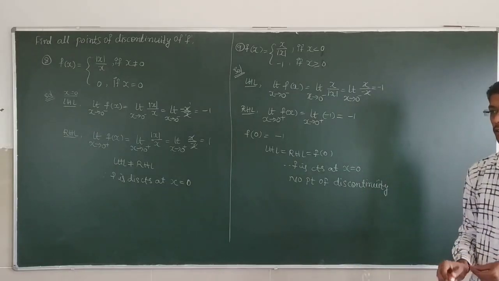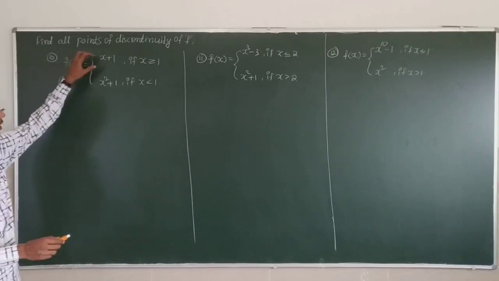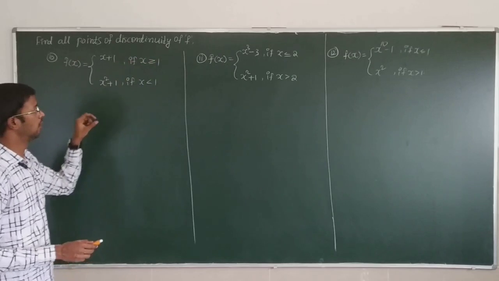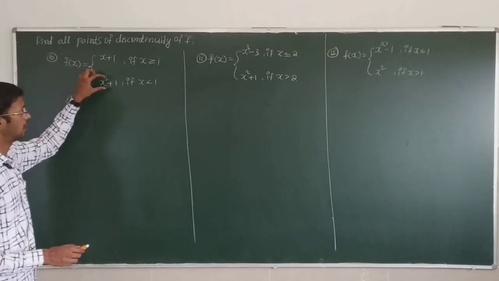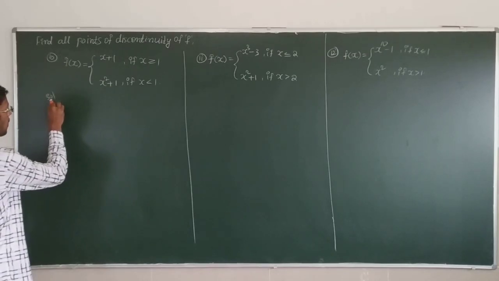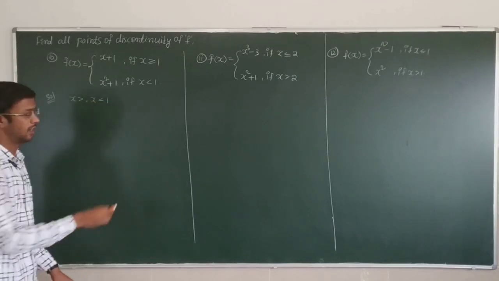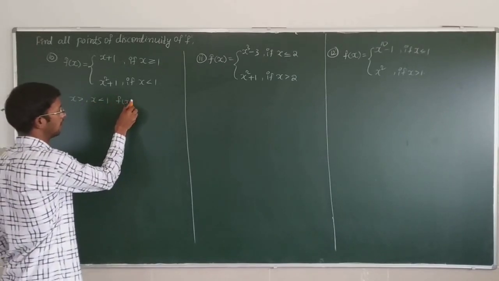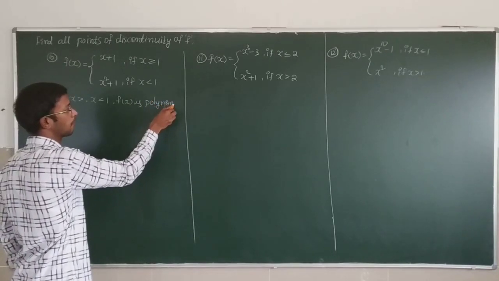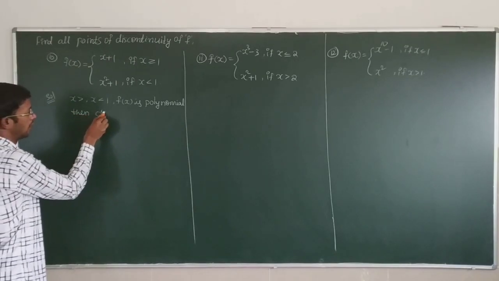Pause the video to note it. Problem number 10. f of x is equal to x plus 1 if x is greater than or equal to 1, and x square plus 1 if x is less than 1. Solution: for x greater than 1 and x less than 1, f of x is a polynomial, then continuous.